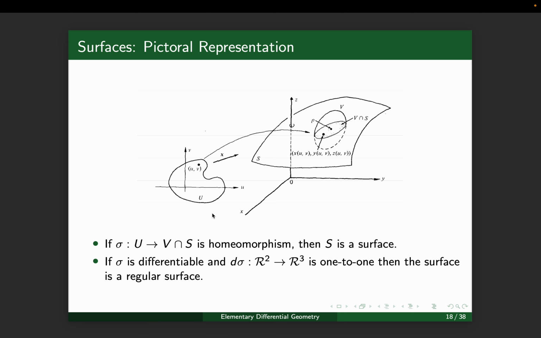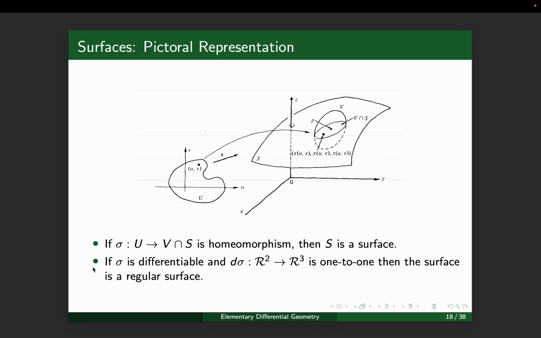If the map from the intersection of the subset with an open set in R3 to an open set in R2 is a homeomorphism, then we can call that set S a surface. If this map is differentiable, and the map between tangent vectors in an open set in R2 and the tangent vectors on the surface is 1:1, then we can call this surface a regular surface.